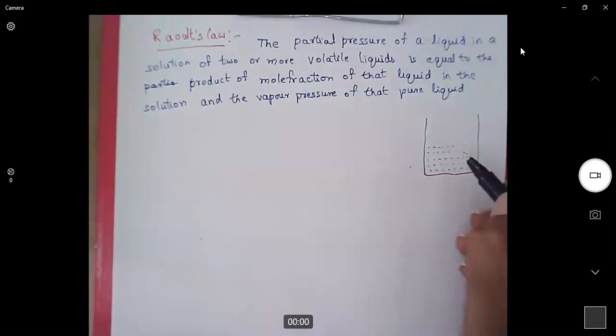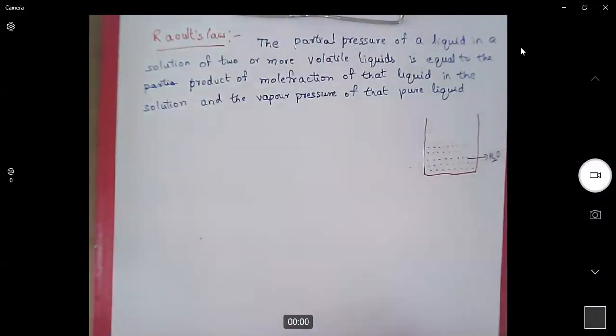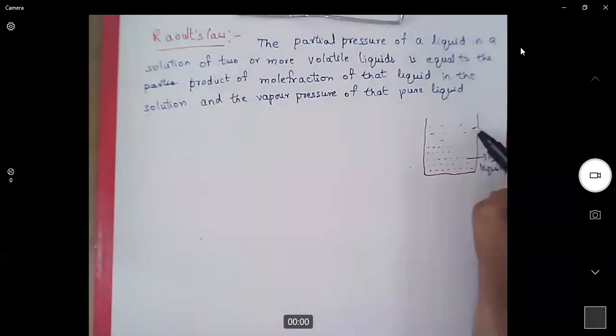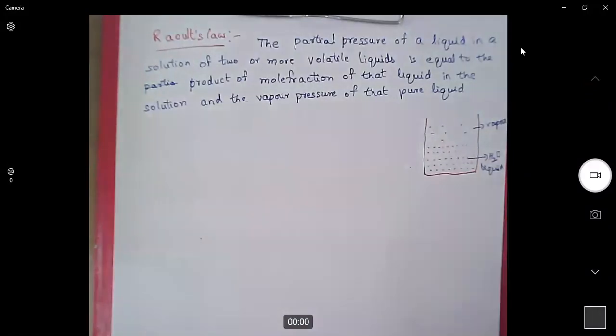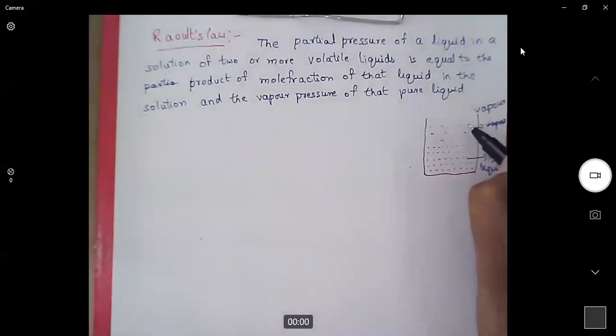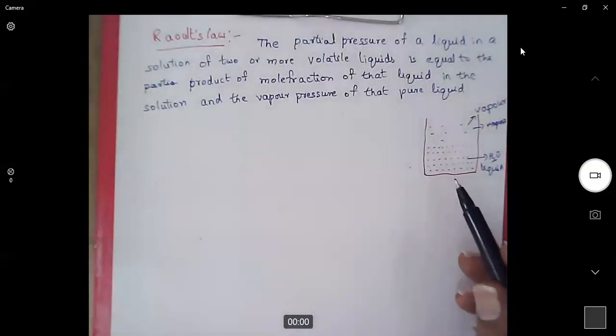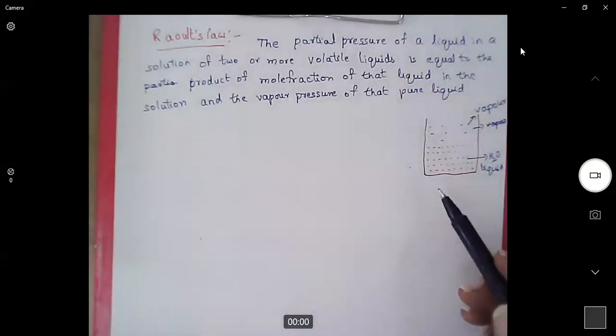For example, if you take a glass of water in a bottle, then on top of the liquid layer we will have a vapor layer. Of course, water is in liquid form, but on top of the water layer we have a vapor layer.